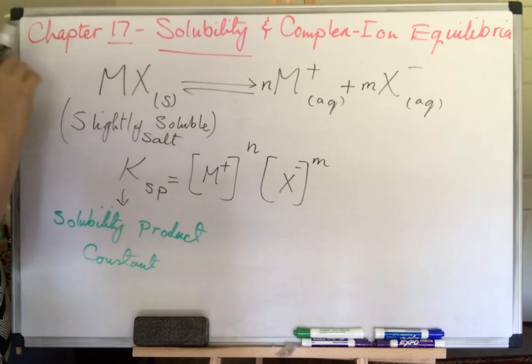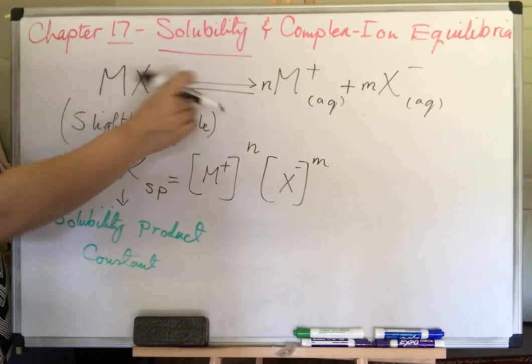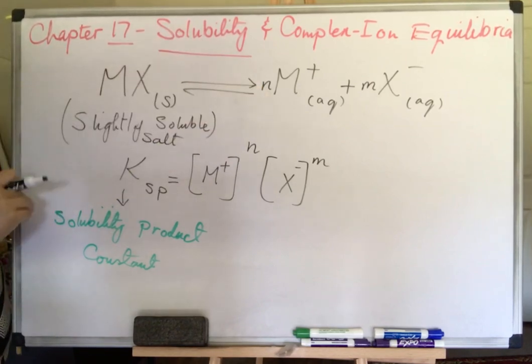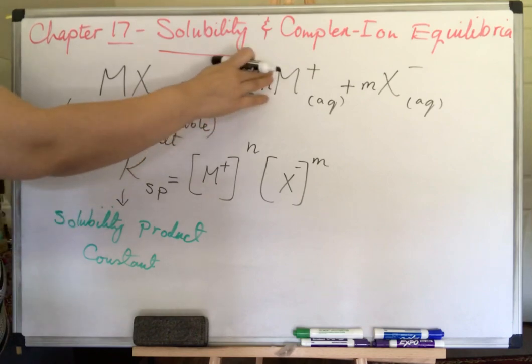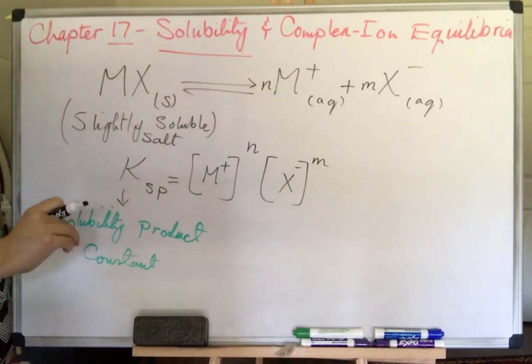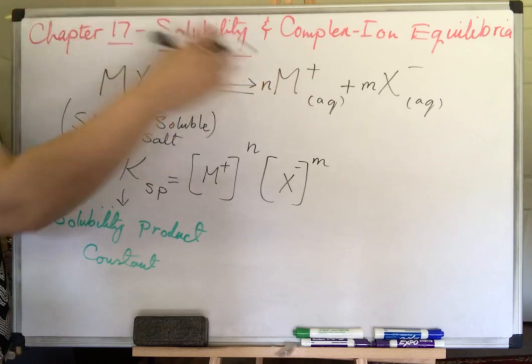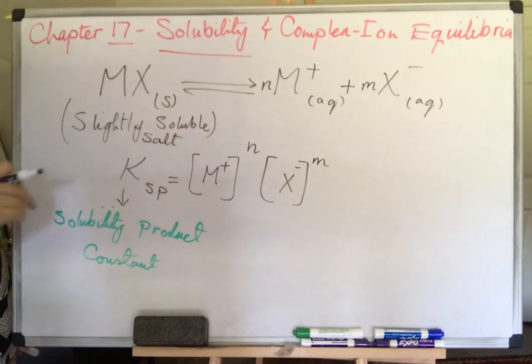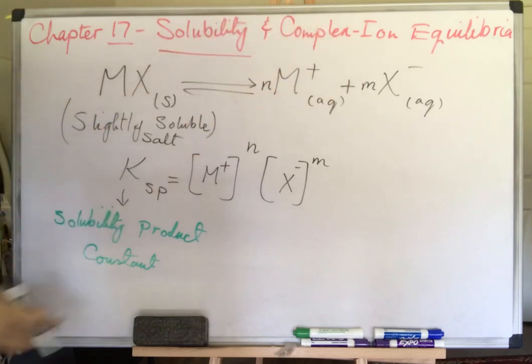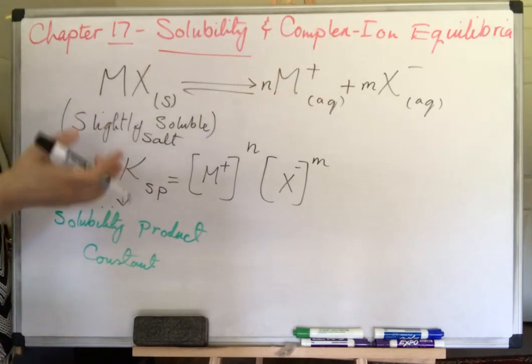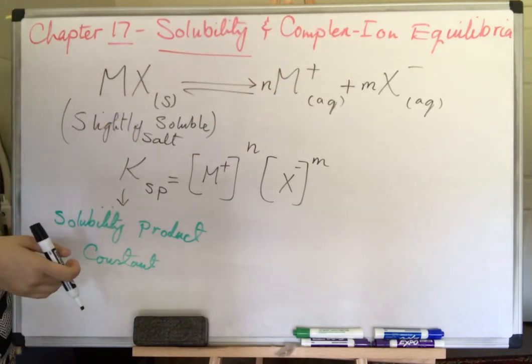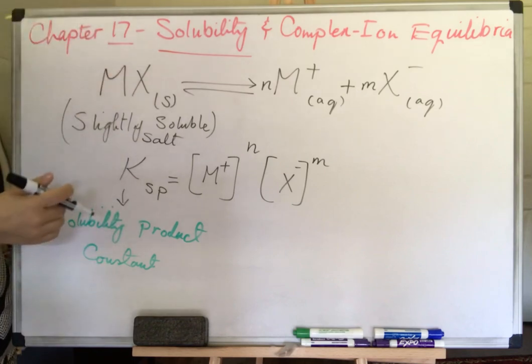A part of it remains solid, so it's going to change to cation, which can have a coefficient n, and an anion, which can have a coefficient of m. The coefficients are just like any other equations. They can be 1 and higher.